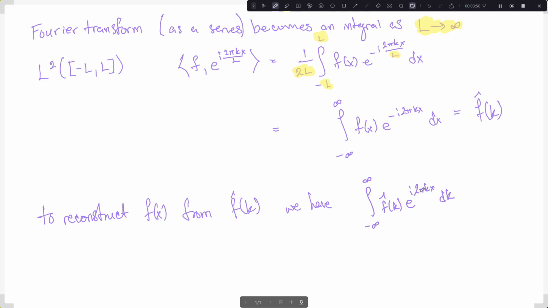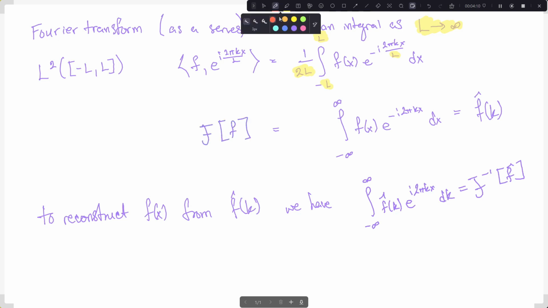So the integral is taken over the k variable. And so this is your Fourier inverse on f hat, and this is your Fourier transform on f.